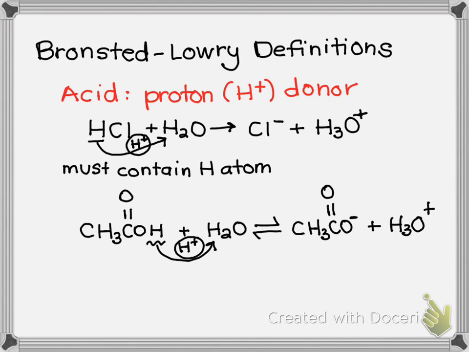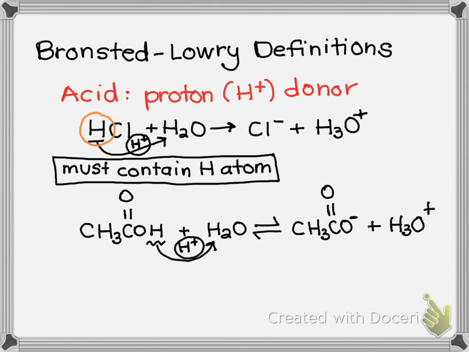So the Bronsted-Lowry acid, again, just to remind you, has to contain that hydrogen atom. And for acids, the hydrogen that can be donated will either be written in the front of the formula, like this, or at the end after the COO.